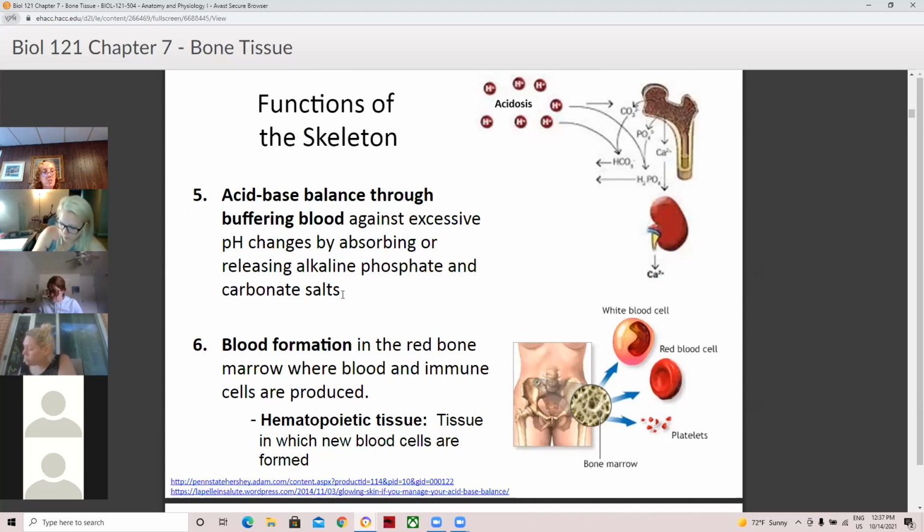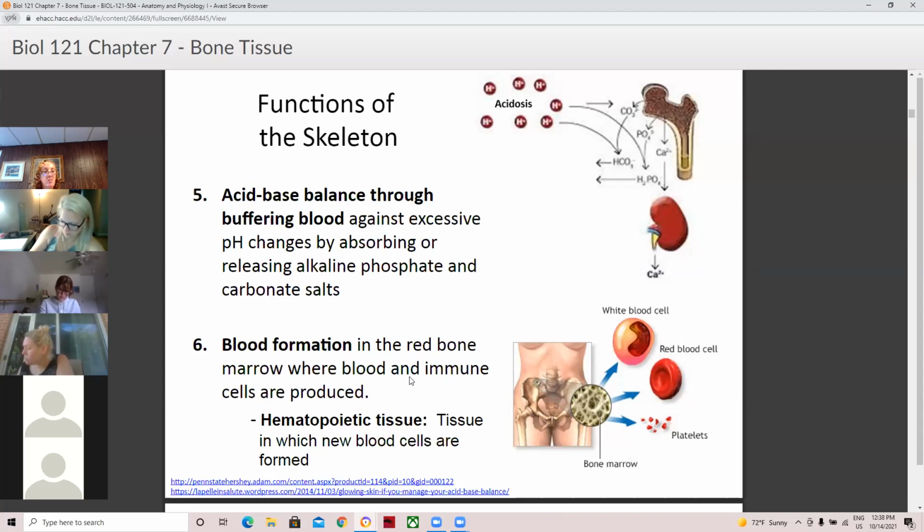Remember how a buffer is a combination of a weak acid and a weak base? So through the release of calcium salts, the minerals in the skeleton can work as weak acids and bases.